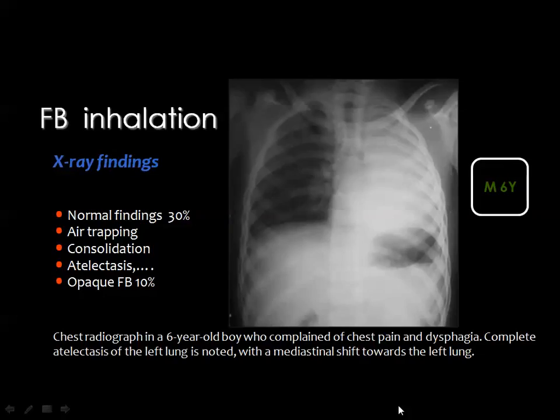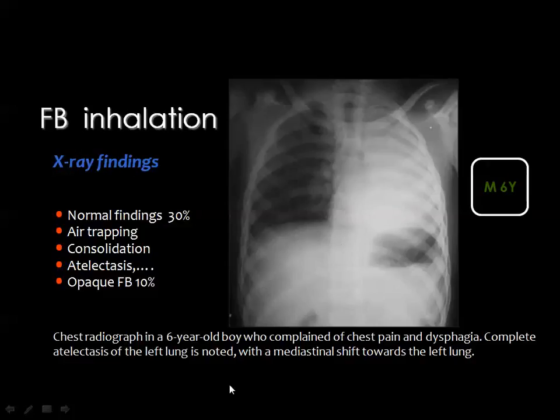Foreign body inhalation, as I have mentioned before, can appear in the chest X-ray by many presentations. The first and the most common is the normal chest X-ray, which is seen in about 1/3 of the cases. And the second common finding is the presence of air trapping, where you can see that one lung is hyperinflated and the heart and the mediastinum may be shifted to the opposite side.